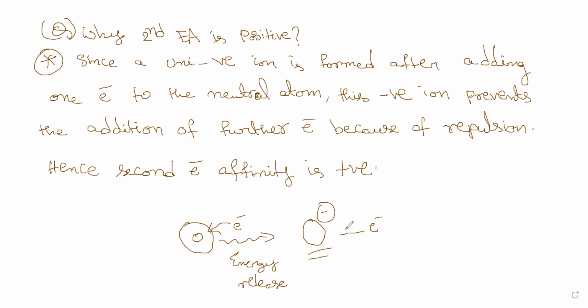When I want to introduce a further electron, this will suffer because this is negative charge, this is also negative charge. So this electron will suffer repulsion.